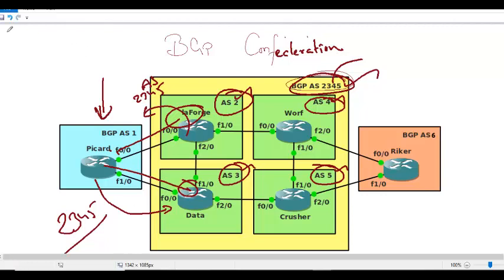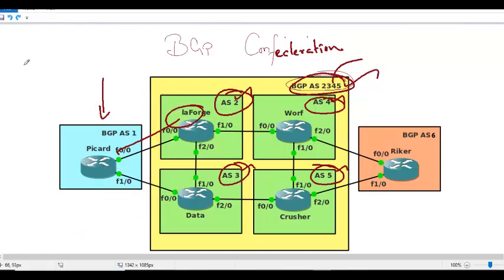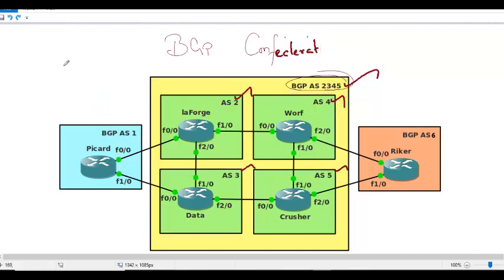Now, why are we breaking down the big autonomous system into sub-autonomous systems? What do you achieve through this? What is the benefit of this? You remember that single rule, the IBGP split horizon rule, Jana? What does that rule say?